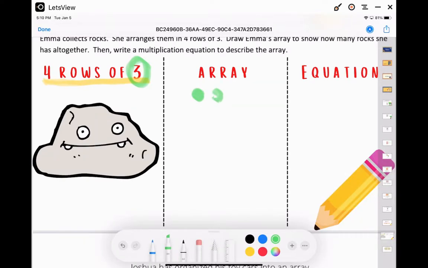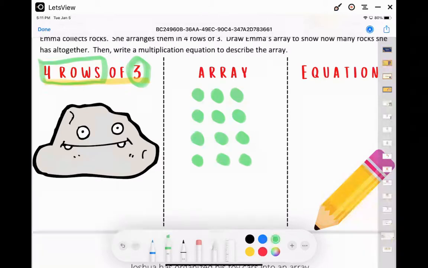1, 2, 3. The number 4 tells me how many rows I will have. So we are going to have 4 rows. 1, 2, 3. 1, 2, 3. 1, 2, 3.